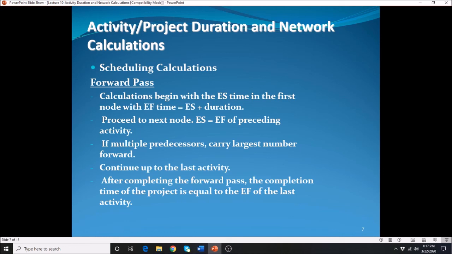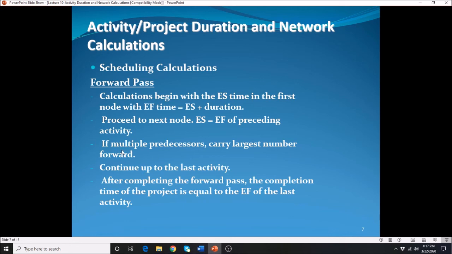Alright, so how do we calculate the forward pass? To determine the early finish, we just need to add the early start of the activity in question plus the duration of the given activity. Then you have to proceed to the next node. The early start is equal to the early finish of the preceding activity, that is the activity that comes before the activity in question.